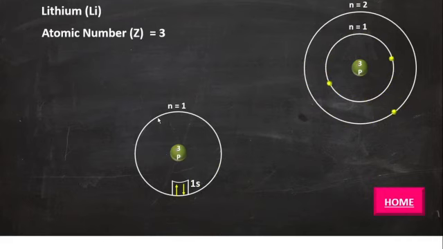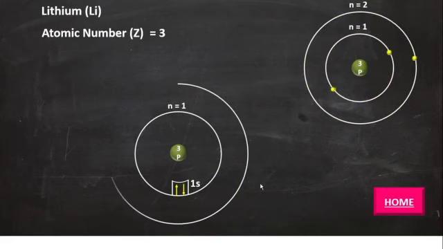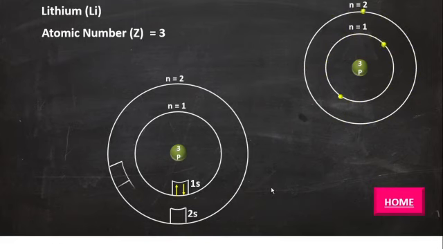Next, the first orbit is completely filled, then we have to draw the second orbit, in which there are two types of orbitals called 2s and 2p orbitals. There are three 2p orbitals, that is 2px, 2py and 2pz. So once electrons fill 1s orbital, they enter into 2s orbital according to the Aufbau principle, isn't it?